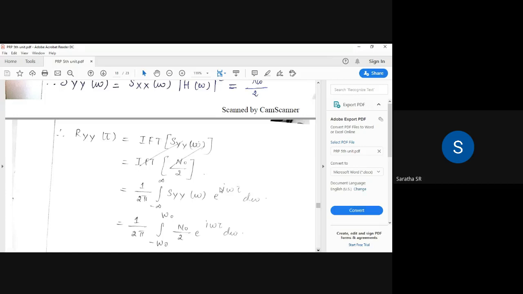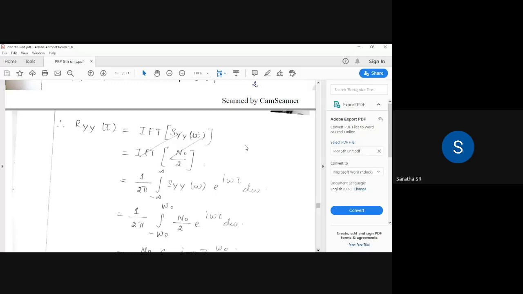In the inverse transform we have plus, and in the Fourier transform we have minus. In the Fourier transform we don't have the 1 by 2 pi, but for the inverse Fourier transform we have 1 by 2 pi. That is the difference.